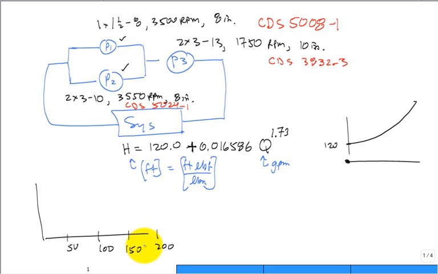What about the y-axis, the head? Pump 1 and pump 2 I want to show on the same plot. What should be the maximum? But what about pump 2? I want to show it on the same plot. Okay, you're right, we should have done this. On pump 1, remember what curve of these pumps we are going to use?